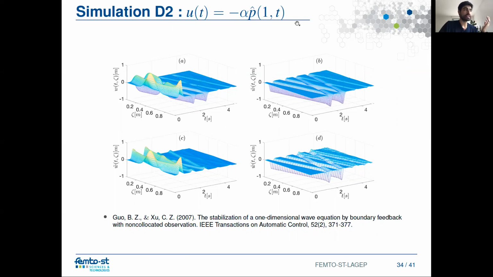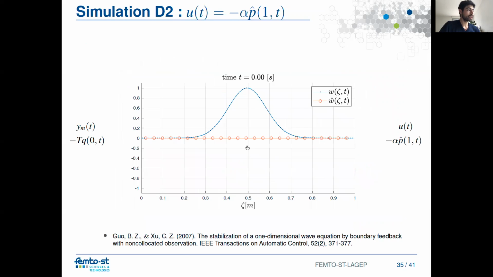And we do a damping injection on that side. And you can see that the wave equation, the string, will converge to 0. So we have the strain measure, the force sensing at one side and acting on the other side. And the wave can go to 0.